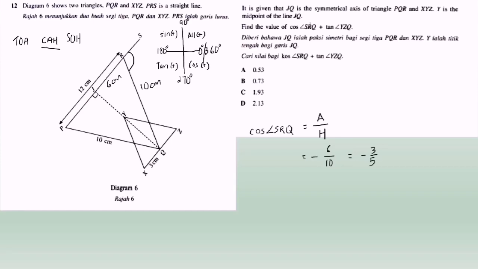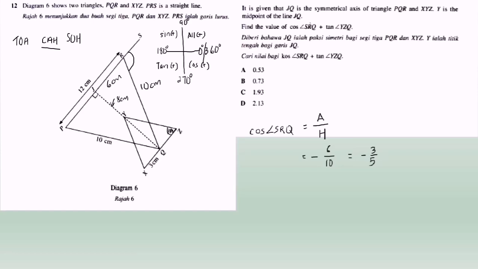Okay, so now we need to find the value of tangent angle YZQ. So this angle. Before you find the length of YQ, you must know the length of JQ. So if here is 10 cm, here 6 cm, by using Pythagoras, you can obtain the length of JQ is 8 cm.